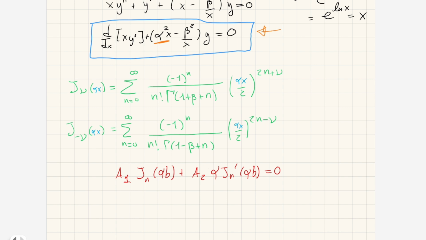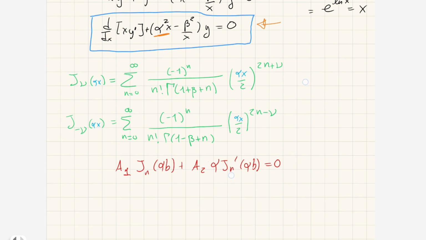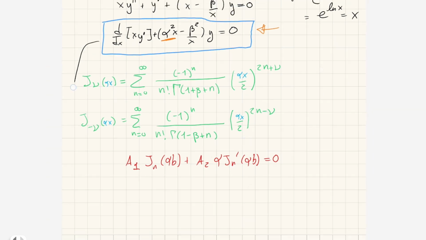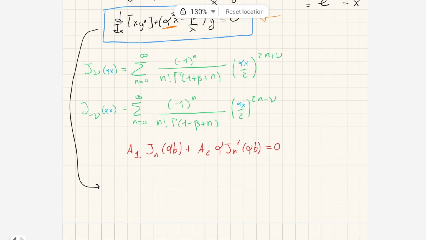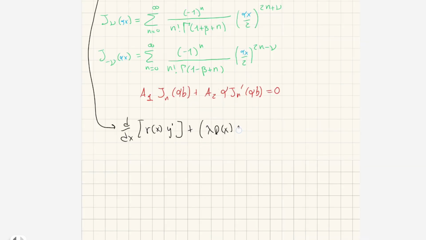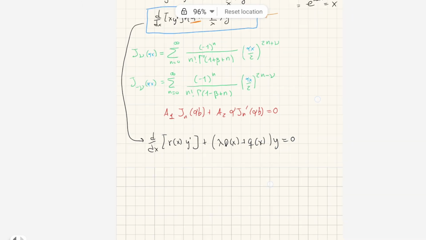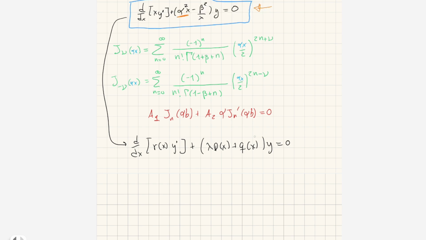So, for you to see it easier, we can say from this parametric equation that we have the form the derivative with respect to x of r of x y prime plus, let's say, lambda p of x plus q of x y equals to 0, right? Recall that this is the general structure of a Sturm-Liouville problem.